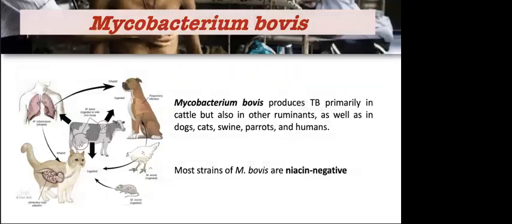Bovis. Another species is Mycobacterium bovis. It can also cause TB in people. It's mostly found in cattle and some animals such as bison or deer. In people, Mycobacterium tuberculosis causes TB that can affect the lungs, the lymph nodes, and other parts of the body.